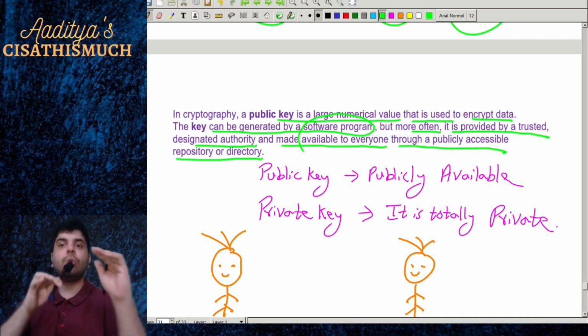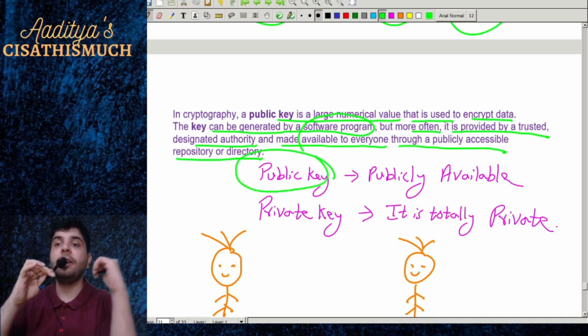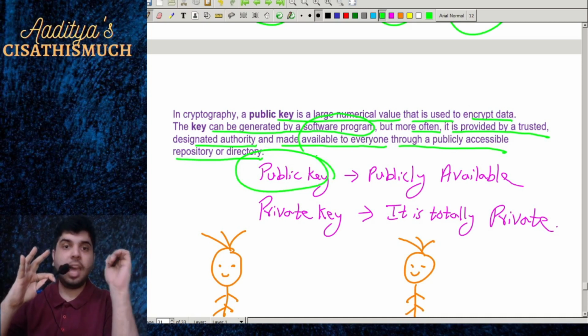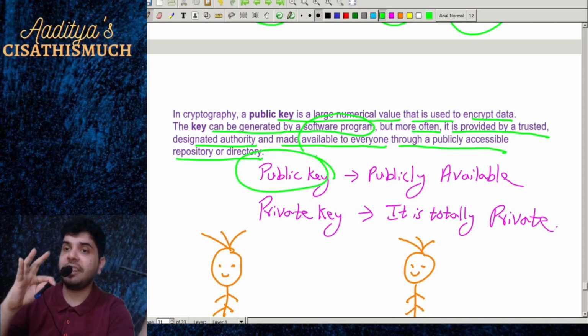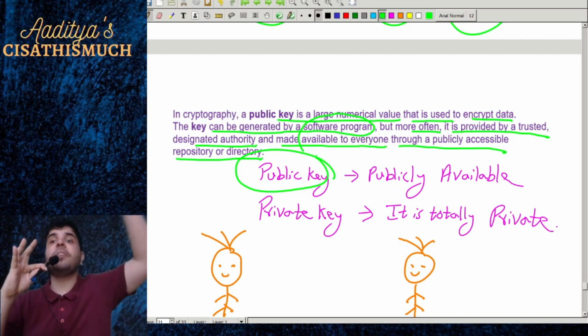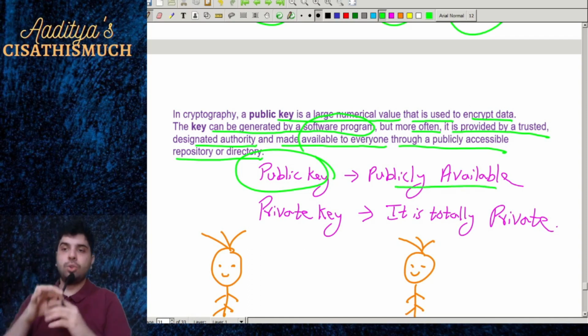So the public key, as the name itself tells you, is freely available to each and everyone, to the general public. Anyone can access that key of a particular person.